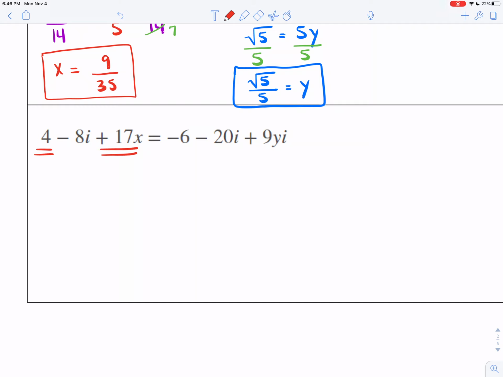On the other side, my real part is only the negative 6. So if I take 4 plus 17x and set this equal to the other real part, negative 6, then I can solve. This becomes 17x is equal to negative 10 if I subtract the 4, or x is equal to negative 10 over 17.